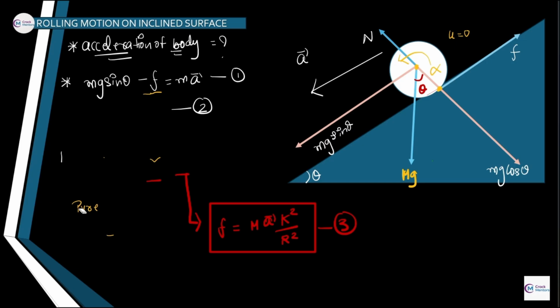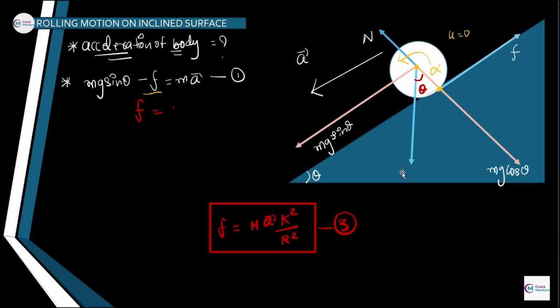Now it's been done. Now I'm putting the value of friction over here. Let me erase equation 2 as well. Now the friction is equal to ma. Oh, sorry, I assumed capital M for the mass in the friction value, and here as well. The mass is small m. Sorry for this mistake, I'll correct it.